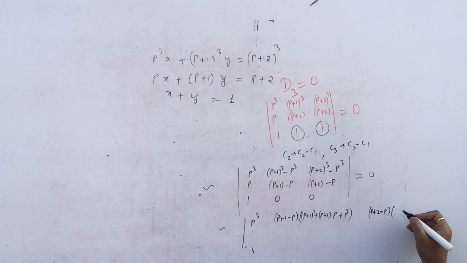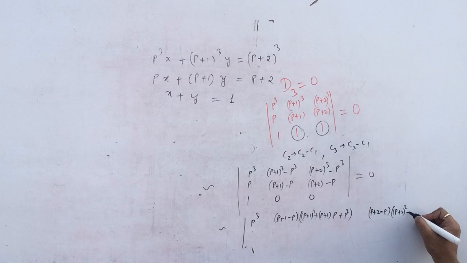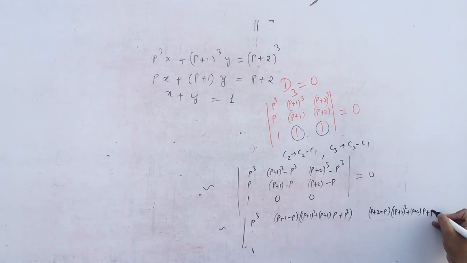Likewise the other term is (p plus 2) square plus (p plus 2) into p plus p square.